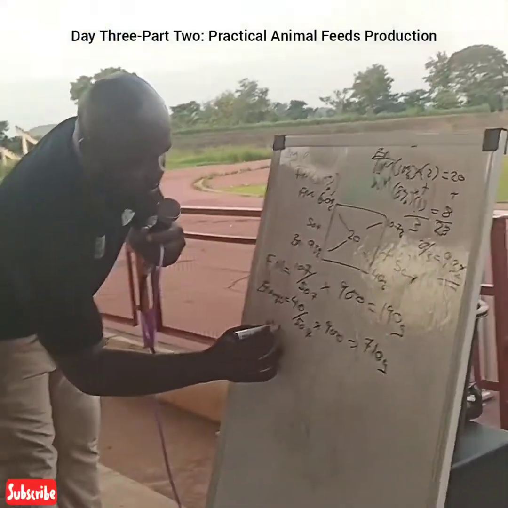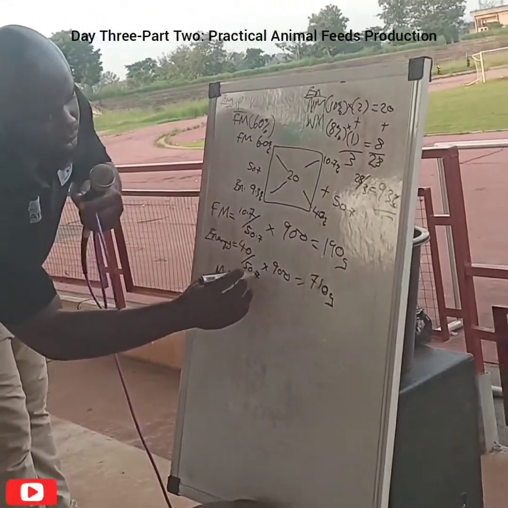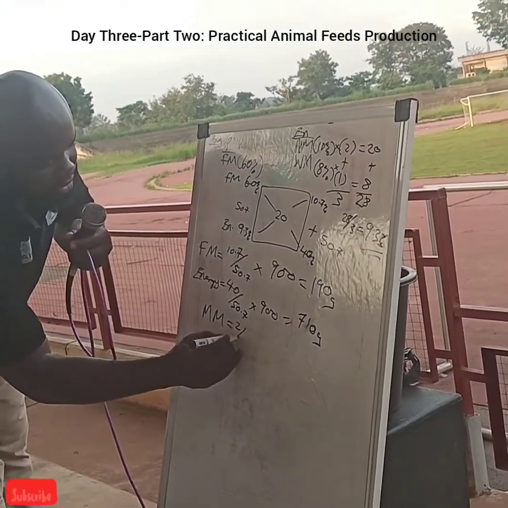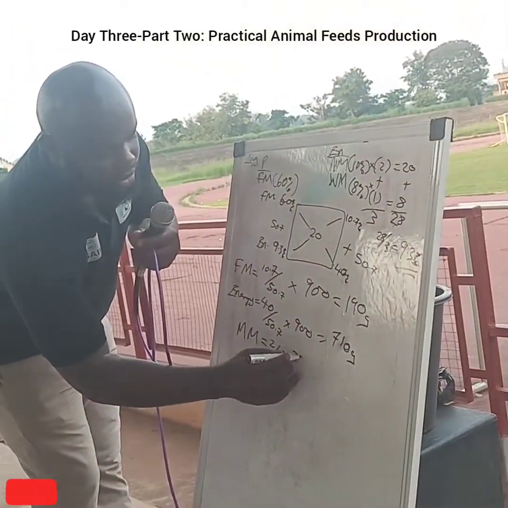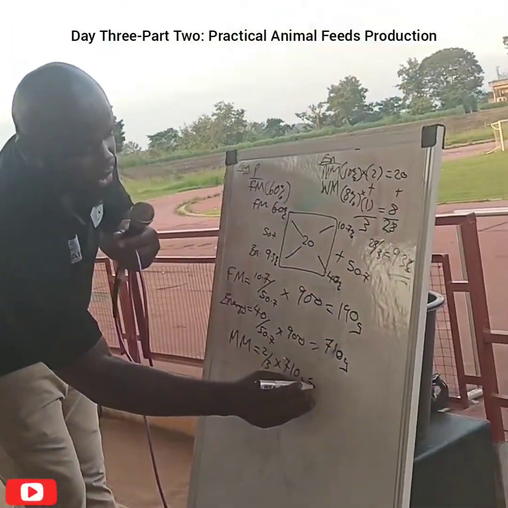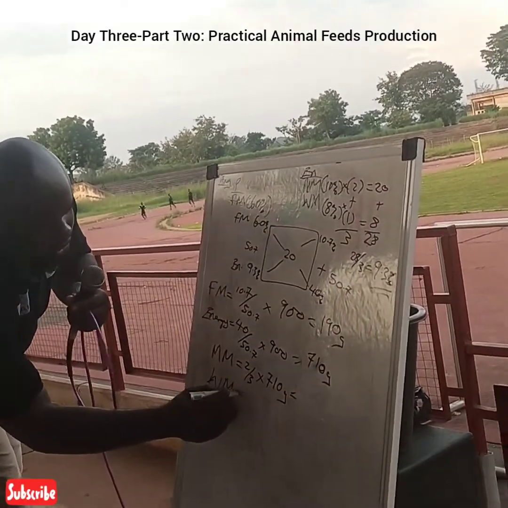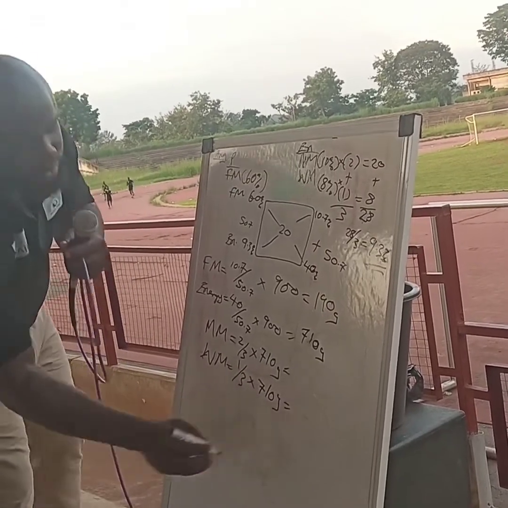Maize meal is equal to 2/3 times 710 gram, while wheat meal is equal to 1/3 times 710 gram.